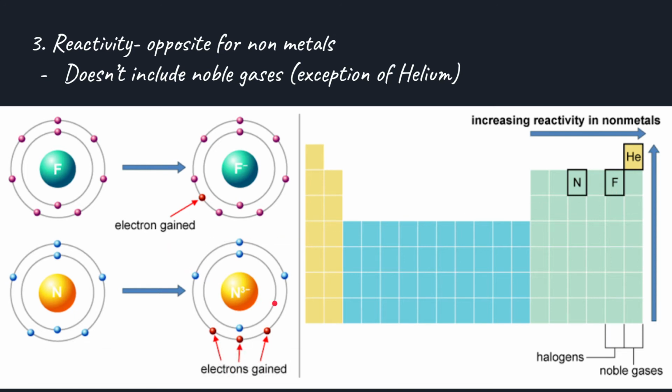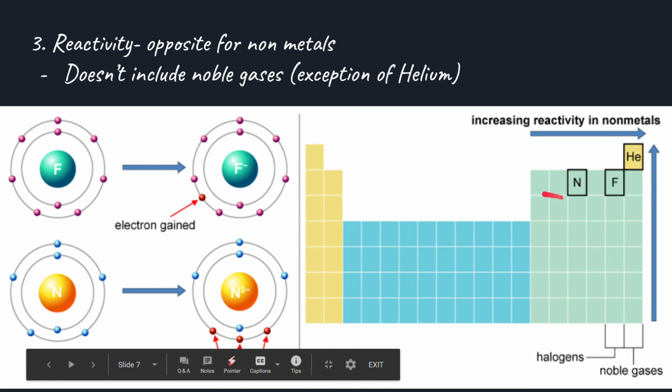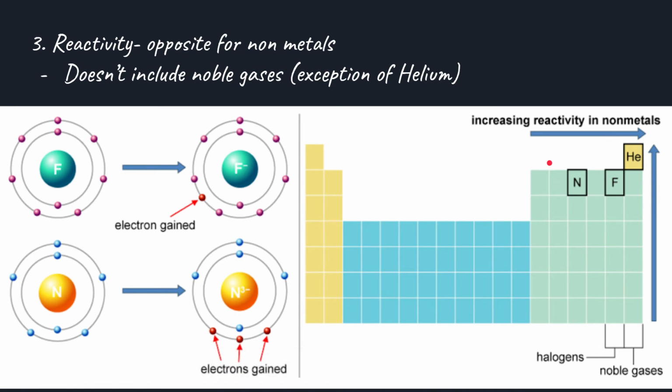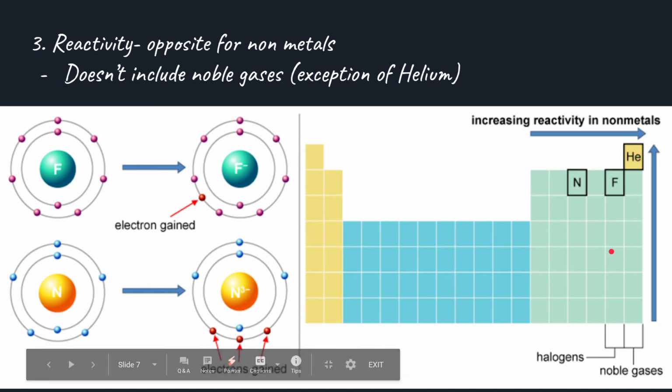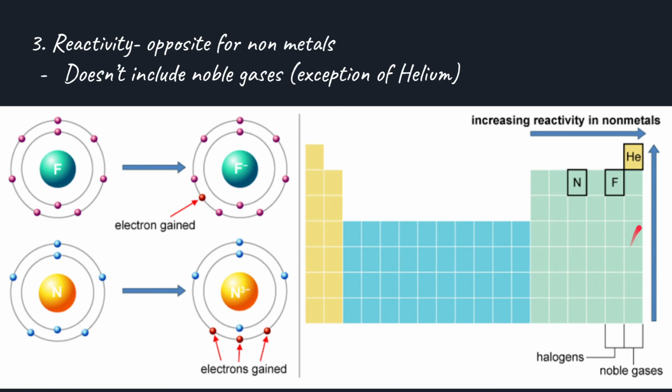So then also atoms near the top can capture electrons most easily because the valence electrons are closer to the nucleus. This trend, however, does not include the noble gases over here because they already have full S and P sublevels.